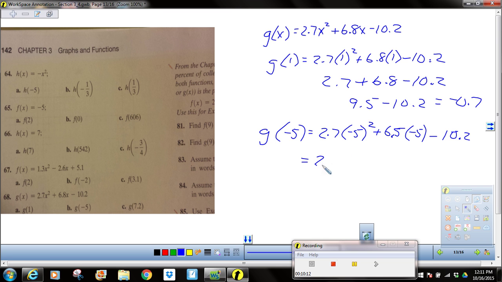Okay, I may have bitten off more than I can chew here. 2.7 times negative 5 times negative 5 is positive 67.5. 6.5 times negative 5 is negative 32.5. Minus 10.2. All right.